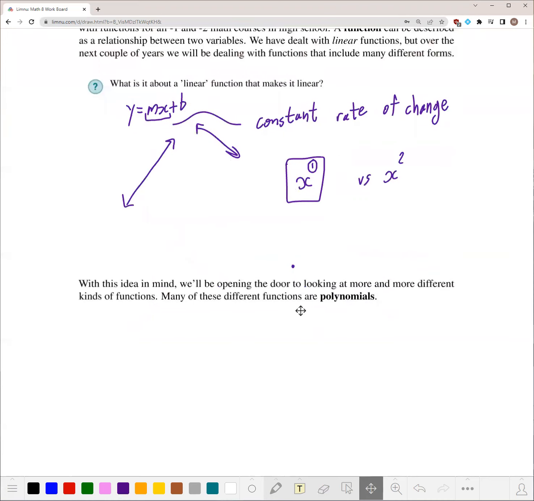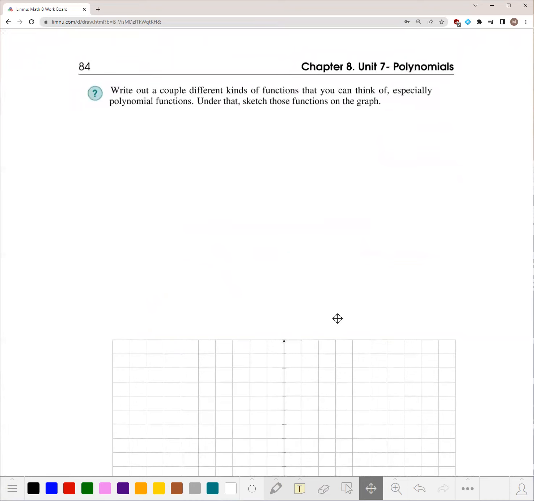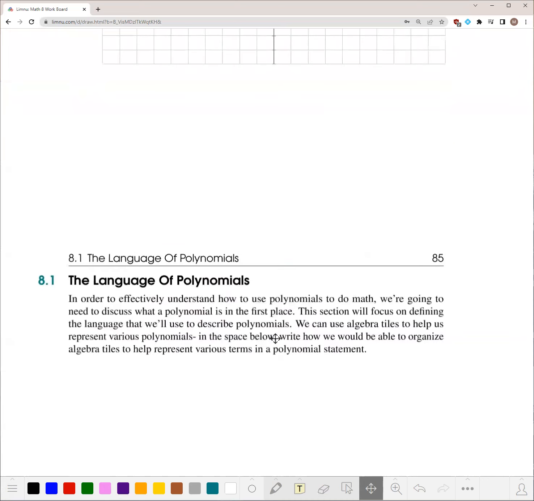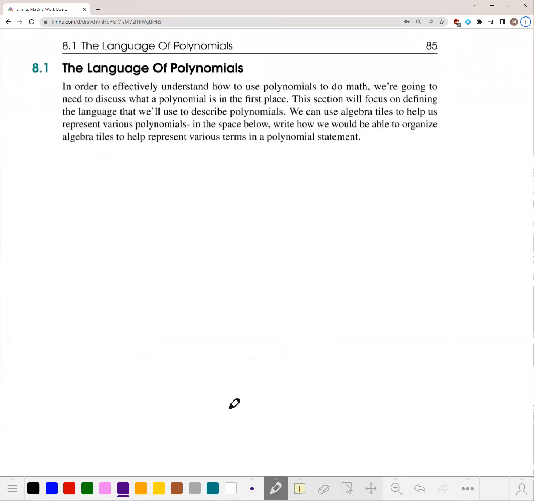So let's talk about what polynomials are. And over here, we'll come back to this maybe, or maybe not. This is just something I did in class, so just leave that for now if you're just going through the notes. In order to understand polynomials, let's talk a little bit about algebra tiles. And we had sort of 3 kinds of algebra tiles.